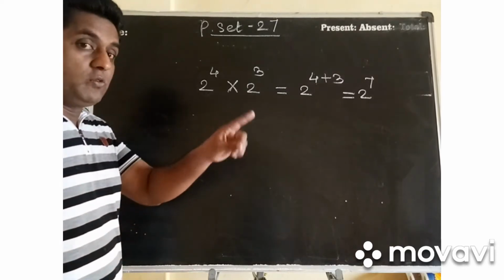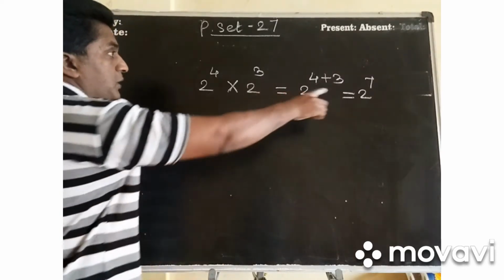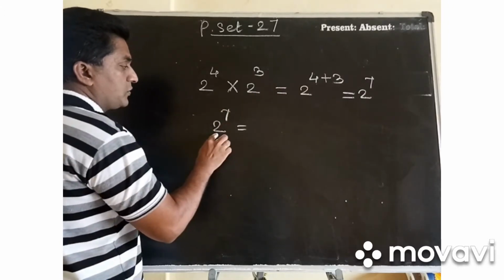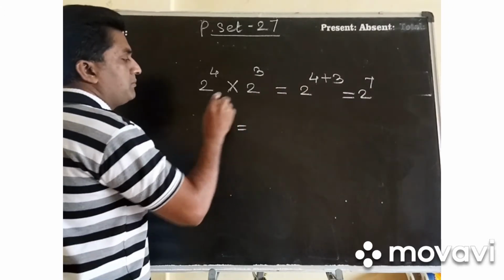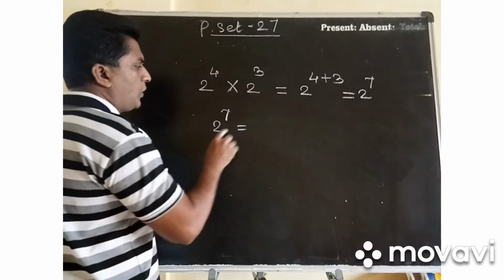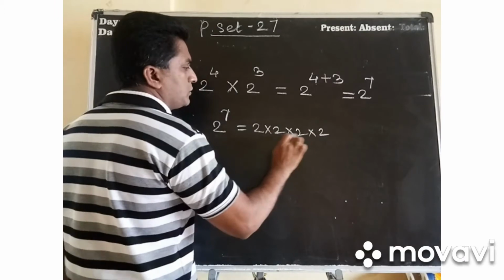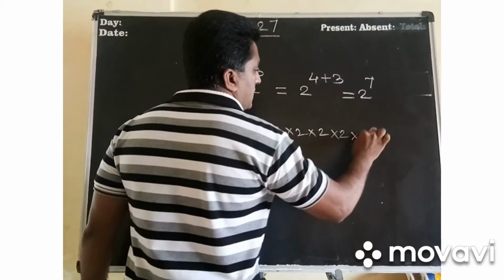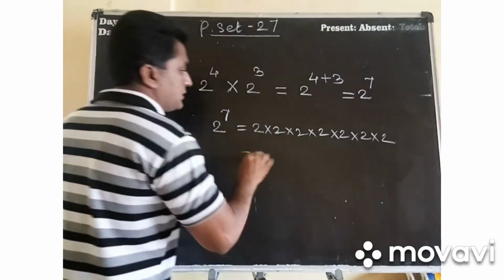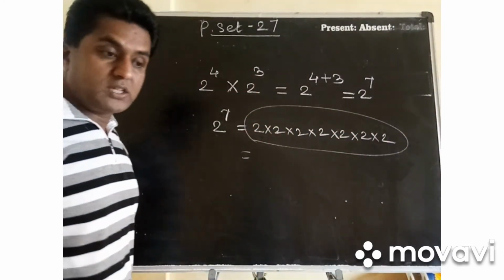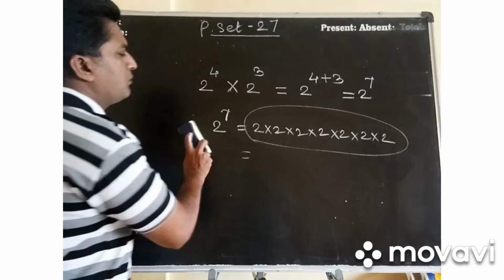Now see, if you try to find its value, what you got is 2 raised to 7. If you try to find its value, your answer will be the same. What will be the answer? 2 into 2 into 2 into 2, 1, 2, 3, 4, then 5, 6, 7. Just multiply these numbers and you will get the answer. So what was the rule which you saw here? One more time I will explain.